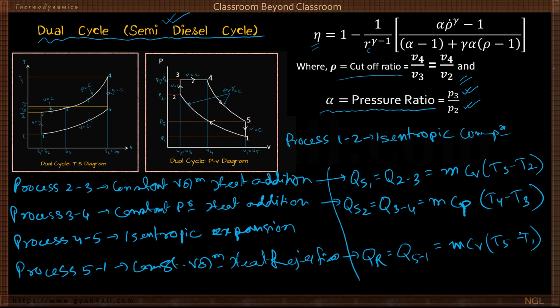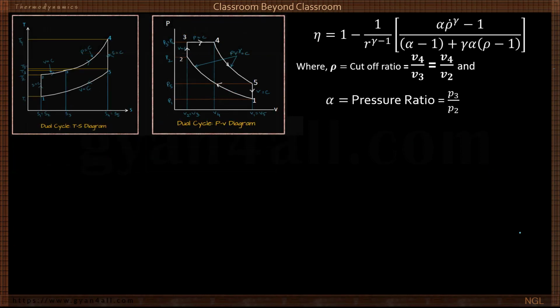Now what is heat supplied? In dual cycle, heat supplied is QS1 plus QS2. So both we have to add. So what will be the W net? How much is W net? QS1 plus QS2, that means total heat supplied minus QR.